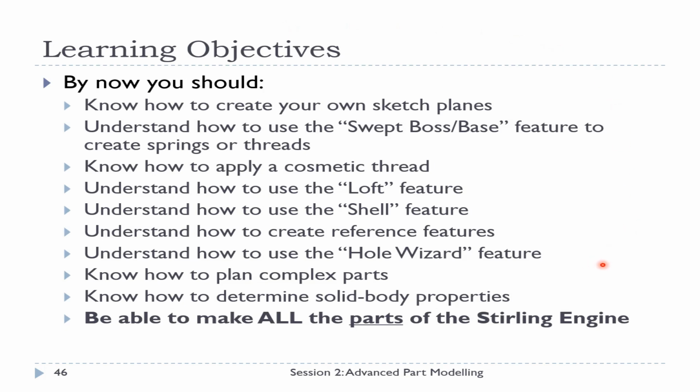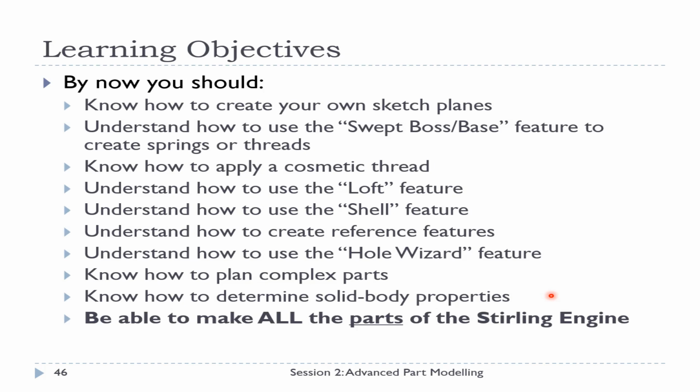So we discussed all the learning objectives as we mentioned at the beginning of the session. So we talked about the planes, sweep boss, cosmetic thread, loft and shell features, different reference features, how hole wizard can be used, what steps you need to take when you are planning complex parts, how you can apply material to SolidWorks bodies to determine solid body properties, and how you can design a flywheel.